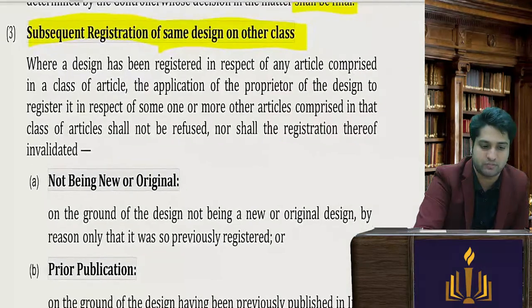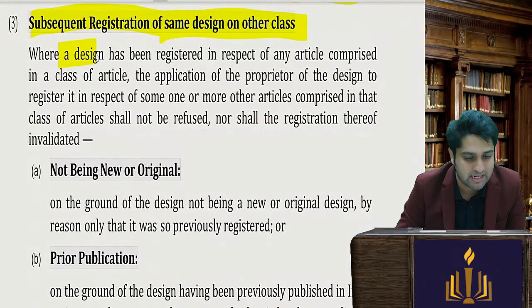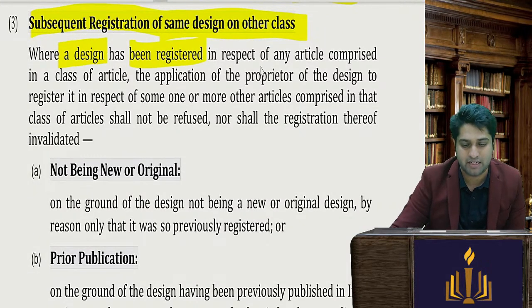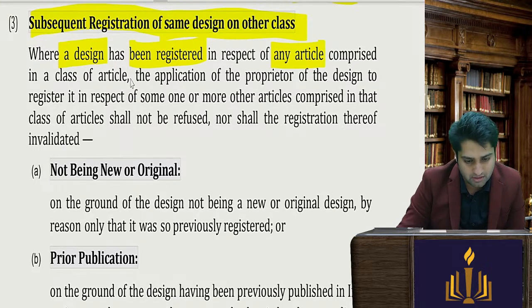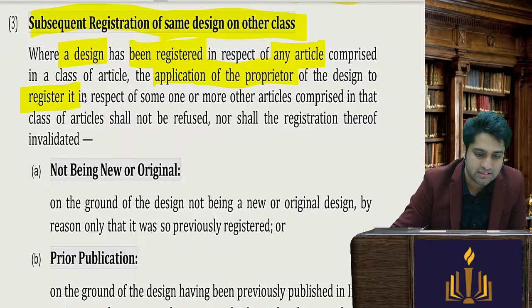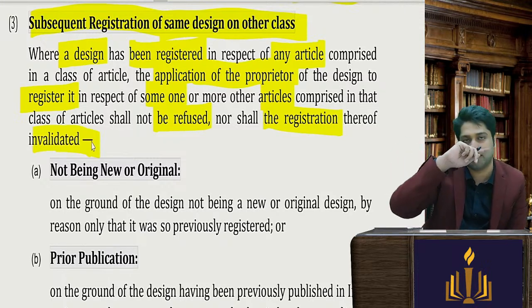I have explained it to you. Let's read. Where a design has been registered in respect of any article comprised in the class of article, the application of the proprietor to register in respect of some other article shall not be refused, nor shall the registration thereof be invalidated.